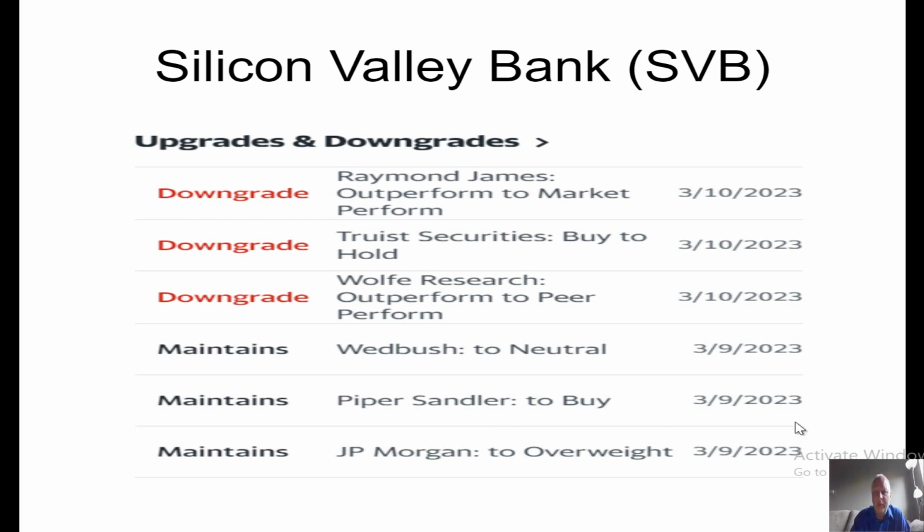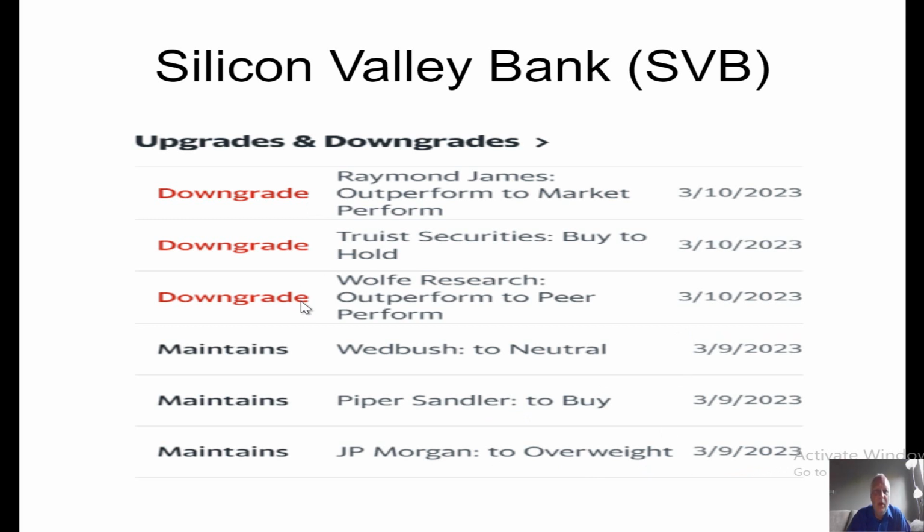If we look right before the run on Silicon Valley Bank, we have JP Morgan, Piper Sandler, and Wedbush all giving overweight or neutral recommendations on the bank. JP Morgan said everything's great. And that was one day before the run on the bank, and then the day after, everybody downgrades.